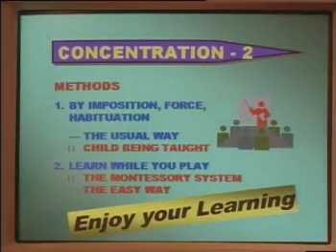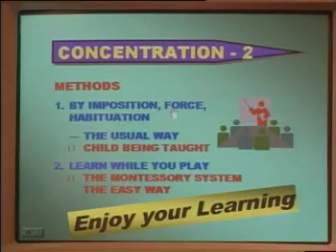But how do we develop concentration? Predominantly there are two methods. One is the old habitual system, the traditional approach to keep the mind forcefully on the phase of learning, by imposition, by force, by habituation. The child doesn't want to think, doesn't want to study, doesn't want to have concentration, and what does the mother do? What do the parents do?